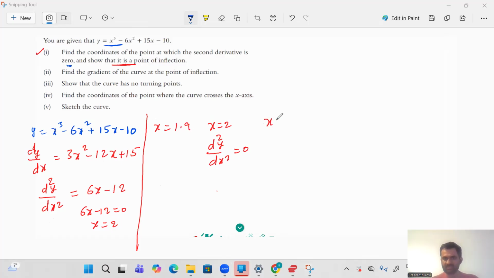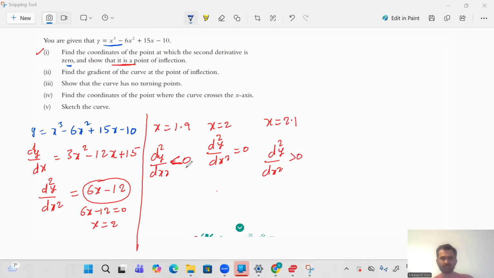You would take x equal to 2.1 and find d squared y by dx square. At x equal to 1.9, d squared y by dx square, you can use a calculator, replace x as 1.9, it would be less than 0.